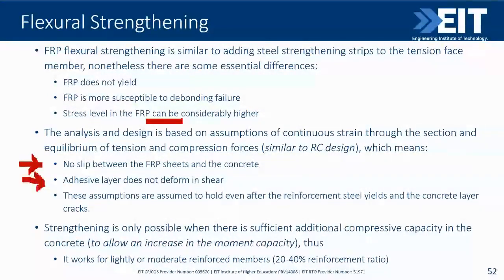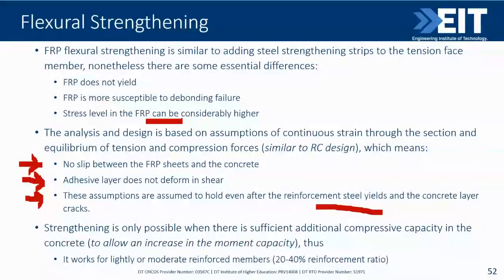The adhesive layer does not deform and shear, and this assumption will hold even after the reinforcement steel yields. So in this case, I have to highlight this. We have three materials here: FRP, concrete, and steel.